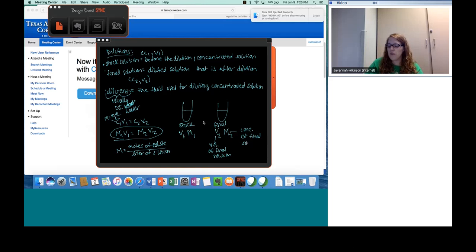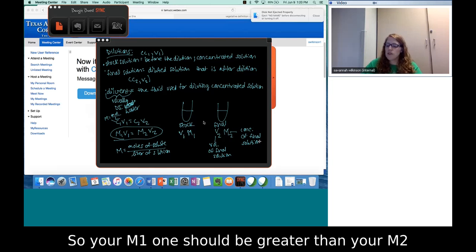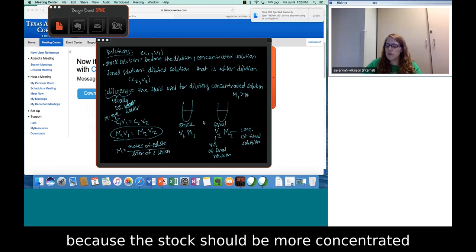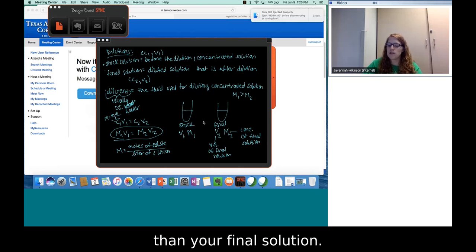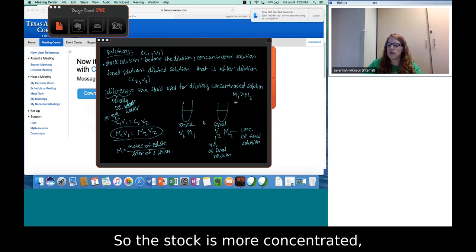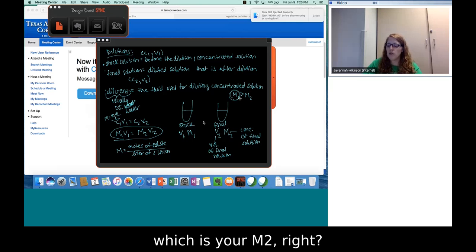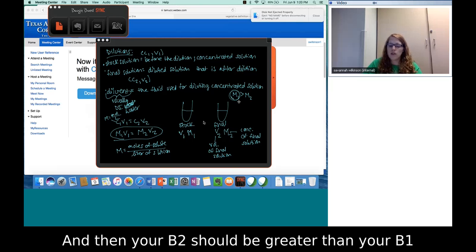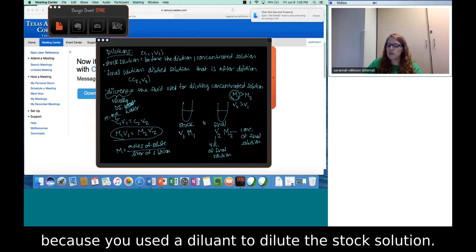So your M1 should be greater than your M2 because the stock should be more concentrated than your final solution. And then your V2 should be greater than your V1 because you use the diluent to dilute the stock solution.